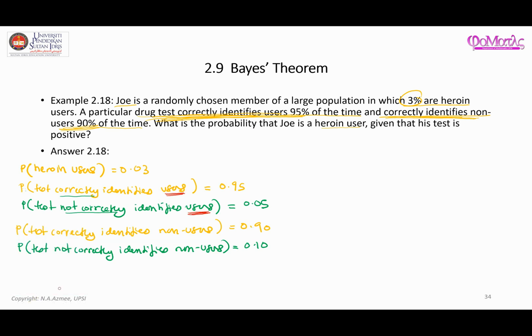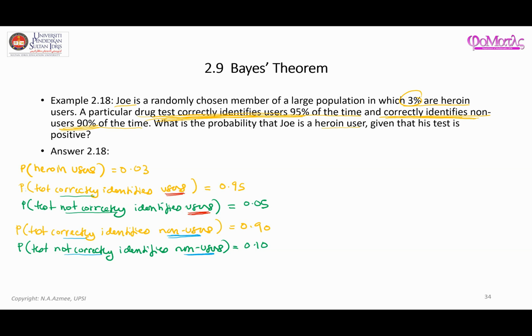Now we move on to the next event. This is about correctly identifies non-users, and the complementary event to that is not correctly identifies non-users. So this one is non-users, this one is users.